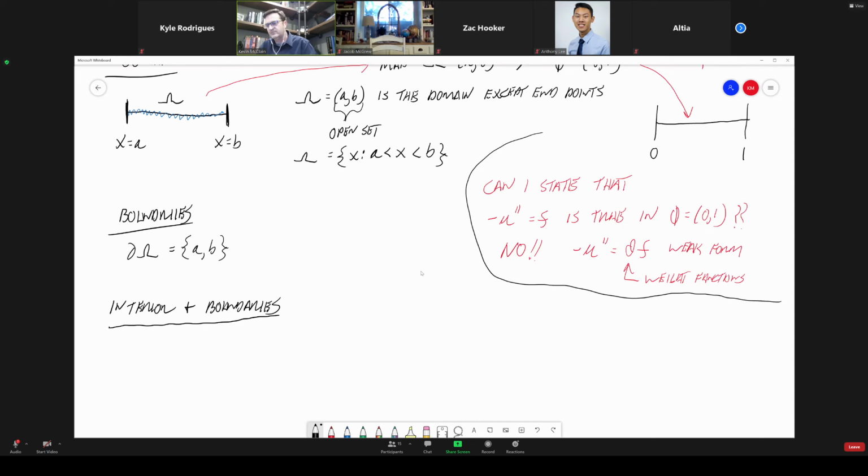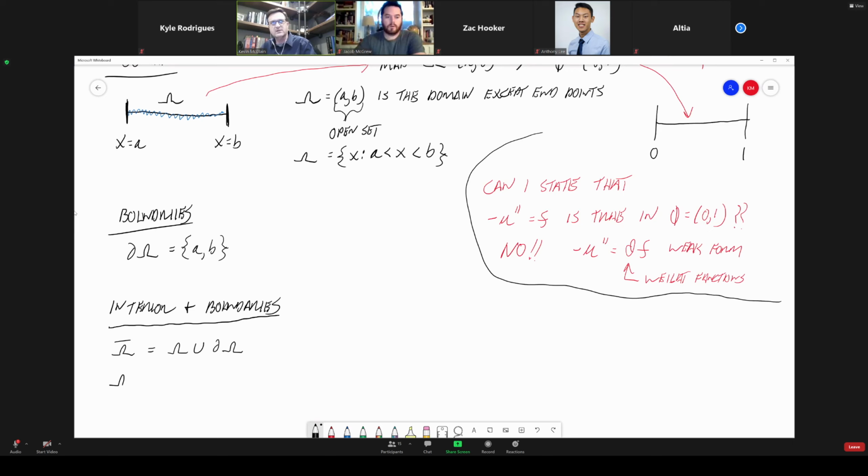If we're talking about the interior of the domain and the endpoints, we would write omega bar. This is equal to omega union boundaries. So it's omega plus the union of the boundaries.